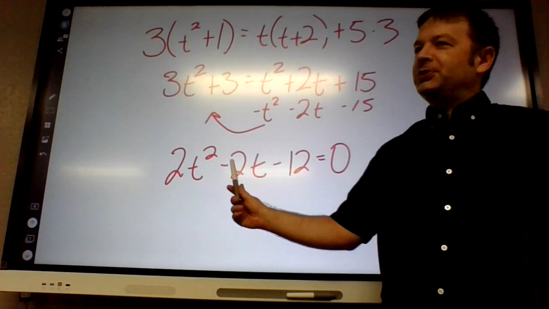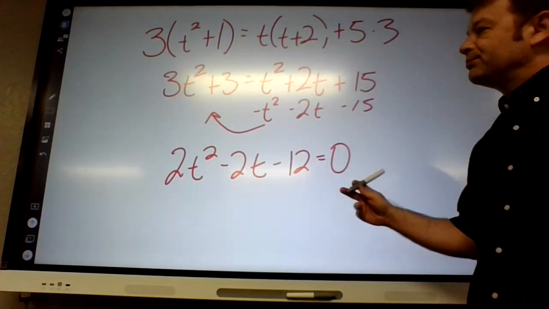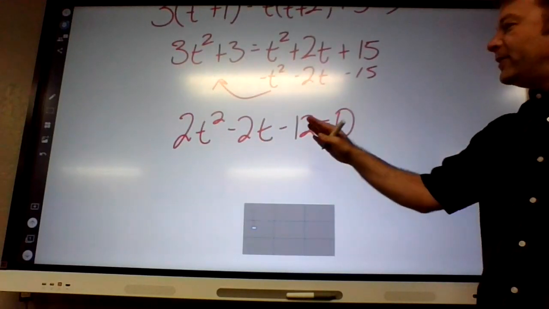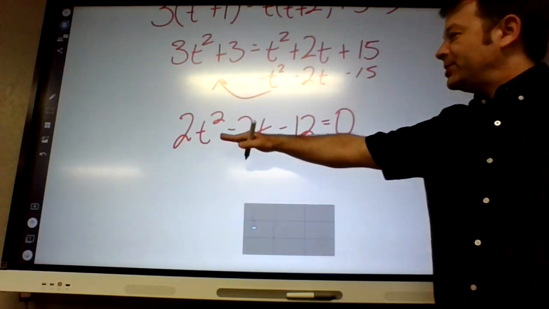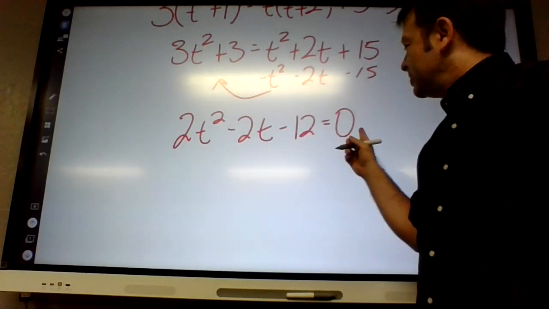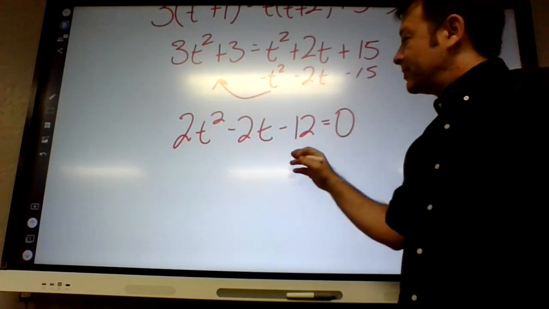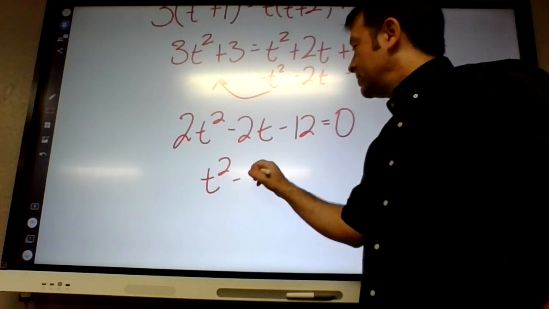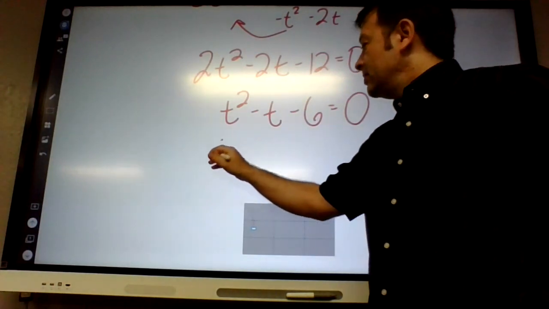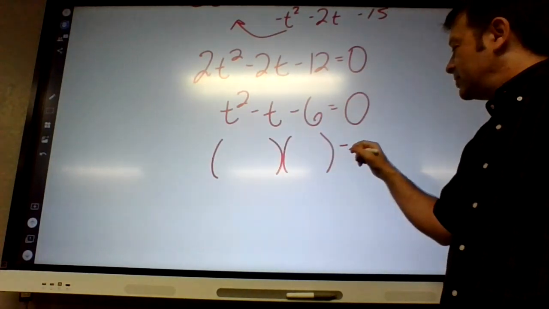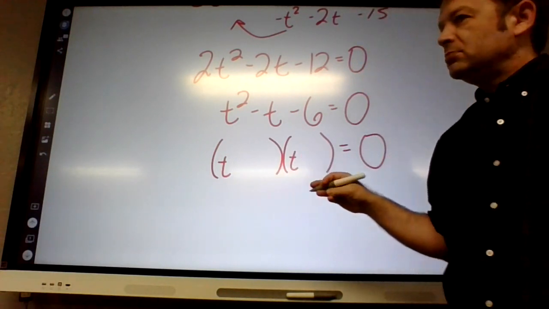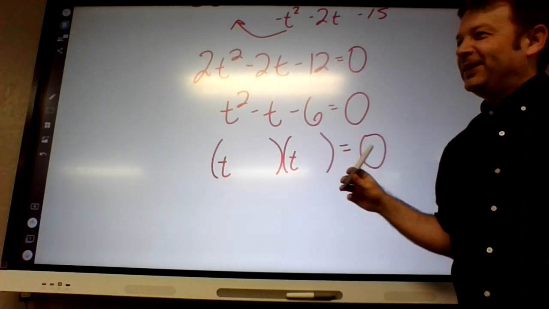Okay, any ideas at this point? Yeah, if you divide, you could take a 2 out and put it off to the side, or you could just divide both sides by 2. It'll just be a 0 still over there, but that would make it a little bit easier. That looks pretty easy to factor because there's nothing on the front.